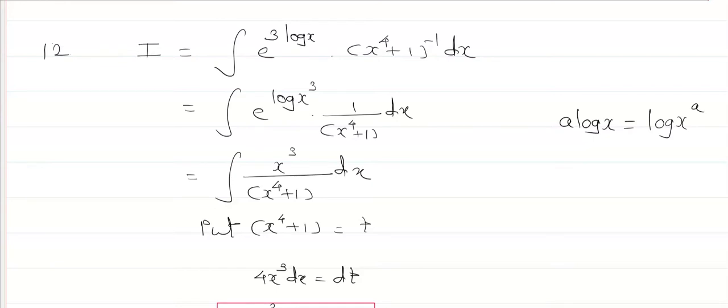Therefore, e raised to log of x cube. हा 3 कुठे गेला? x च्या पॉवरला गेला. That is e raised to log of x cube. x raised to 4 plus 1 raised to minus 1. हे कसं लिहिणार? 1 upon x raised to 4 plus 1 into dx.